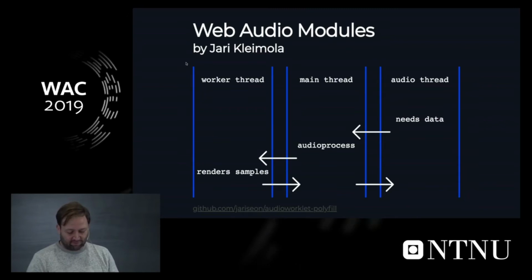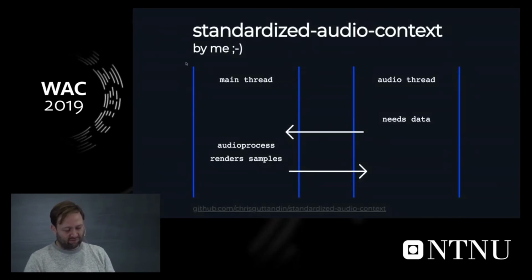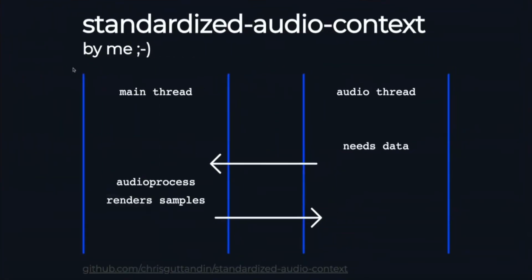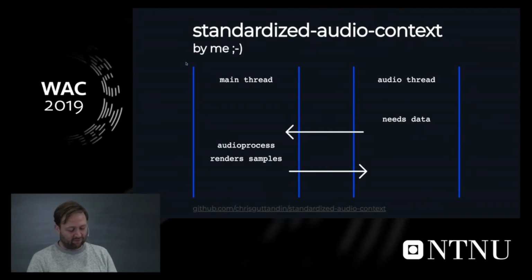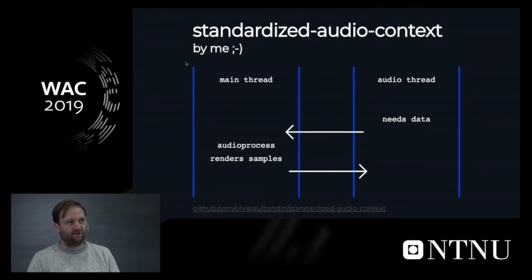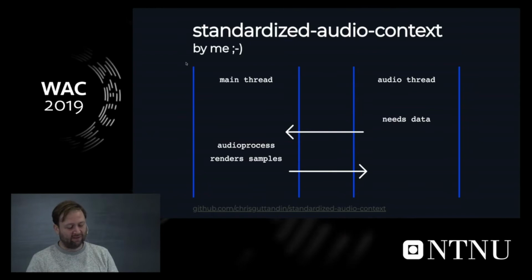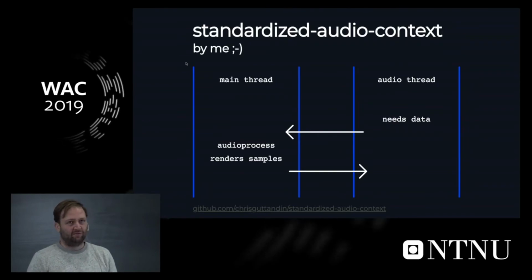So in order to avoid that, I built another polyfill for my library, which is called Standardized Audio Context. That is a library which polyfills the whole Web Audio API, and so I had to have a polyfill for the worklet as well. So my attempt looks like this. I removed the worker and instead evaluate everything on the main thread, which can be risky if you run third-party code.